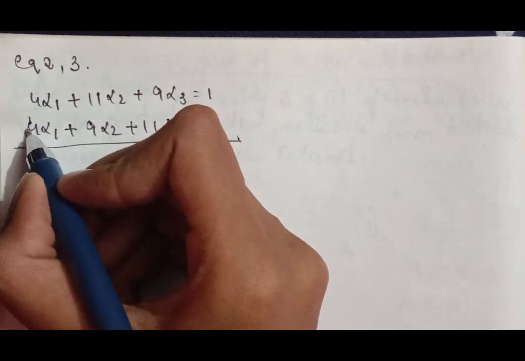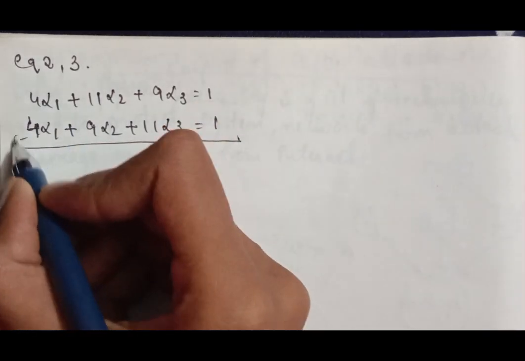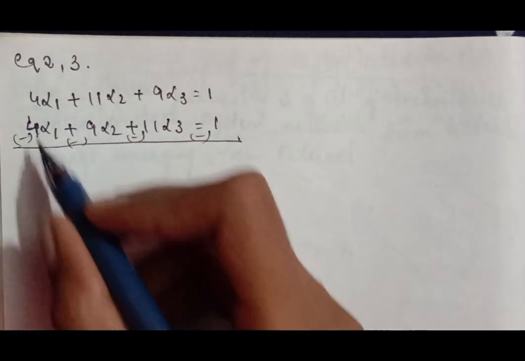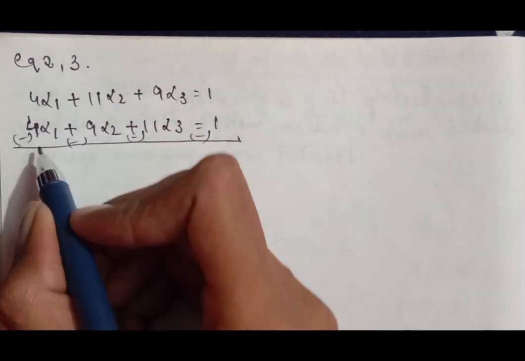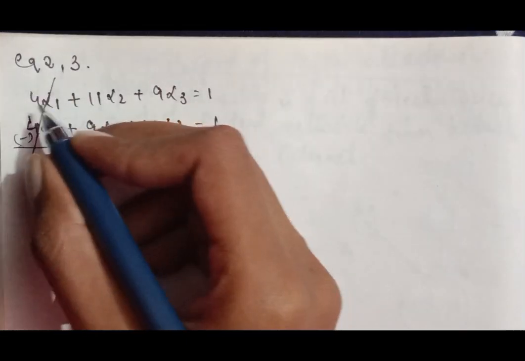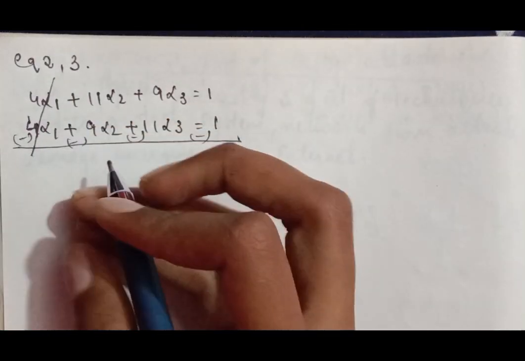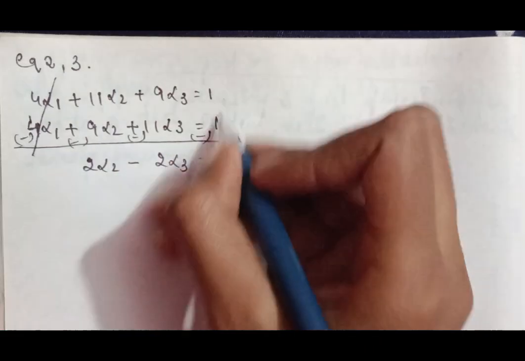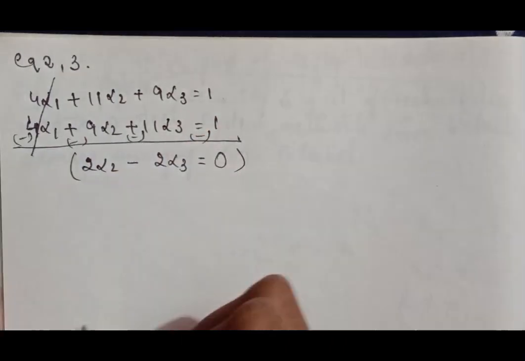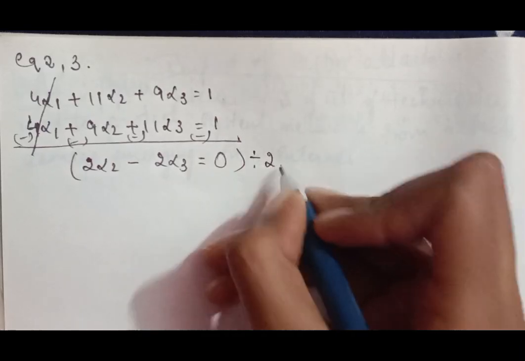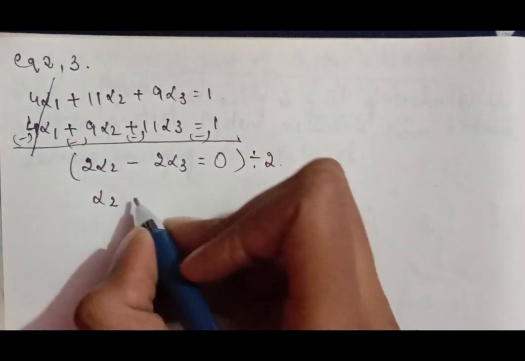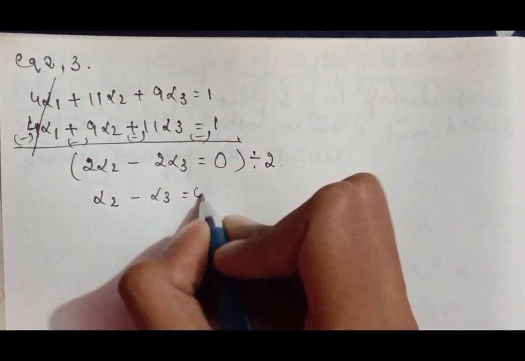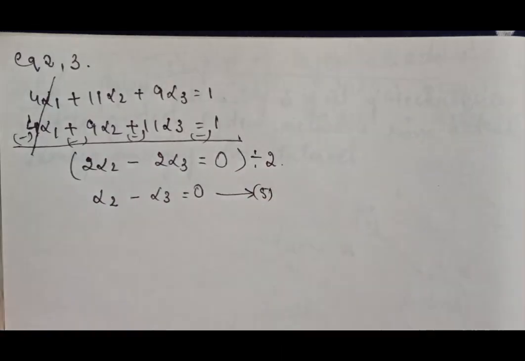We know 4 and 4 are common, so just see the signs. You need to change the sign and cancel it directly. So 4 alpha 1 gets cancelled, and the remaining terms are 2 alpha 2 minus 2 alpha 3, which equals 0. These have a common factor that will be divided by 2, so you can directly write alpha 2 minus alpha 3 equals 0, which is equation 5.